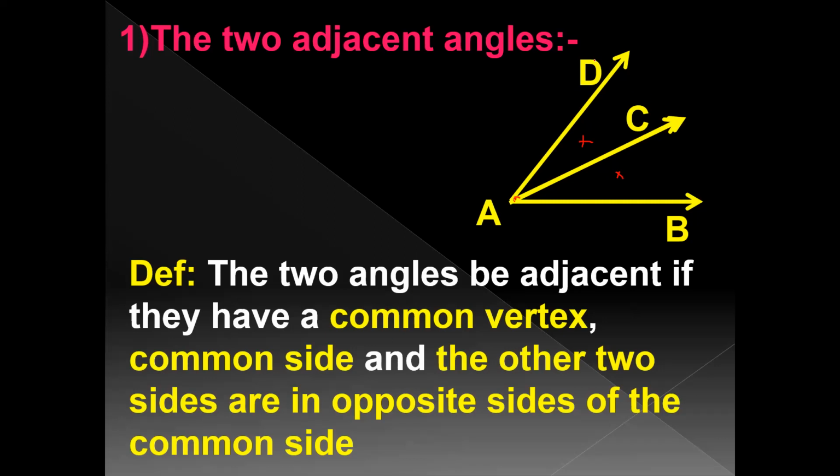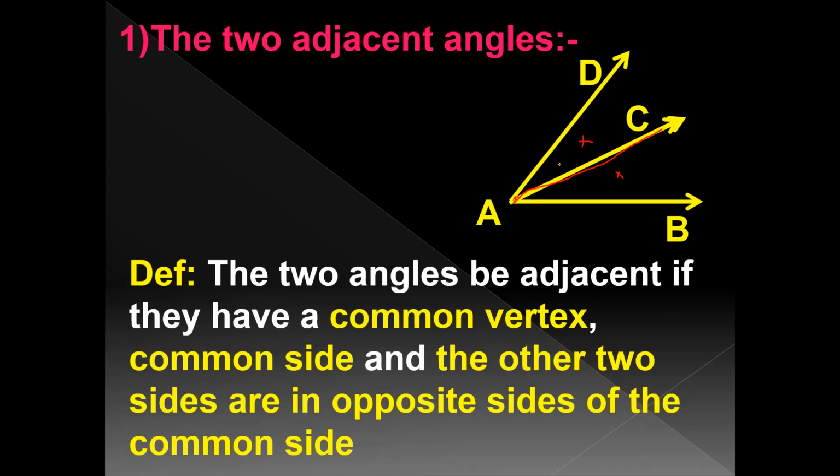The second condition is the common side: in angle DAC and angle CAB, the common side is AC. The third condition is that the other two sides are in the opposite sides of the common side.